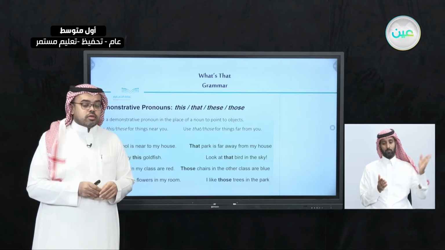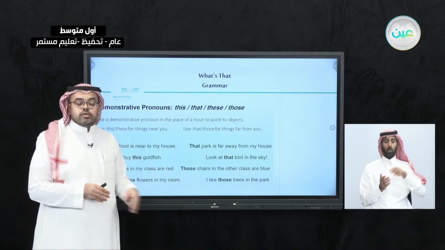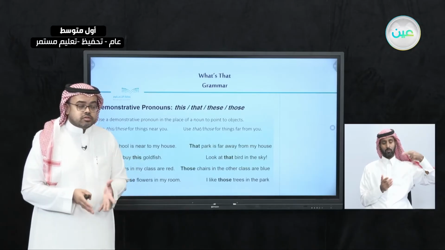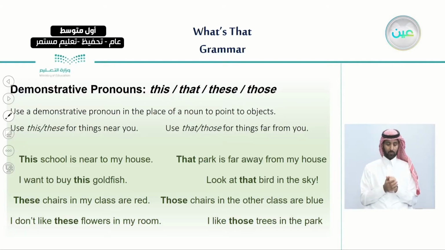Another important thing to learn from these examples is that we can use demonstrative pronouns either in the beginning of the sentence, as you can see here, or in the middle of the sentence.